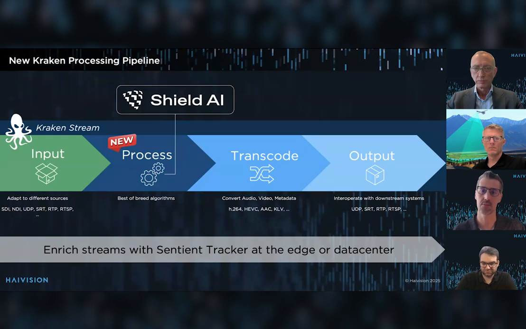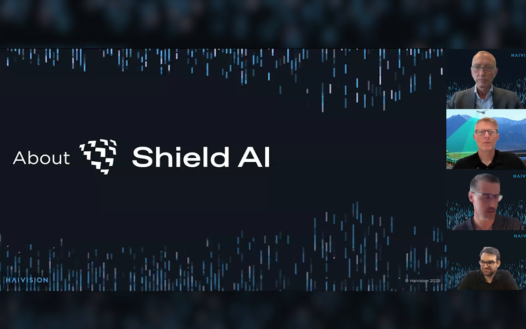This pattern, this media processing Kraken pipeline can now enrich your streams with salient data in any type of workflow. So now let's talk about what specifically is this Shield algorithm that we've been able to bring in. And Brent, if you wouldn't mind giving a bit of an overview.